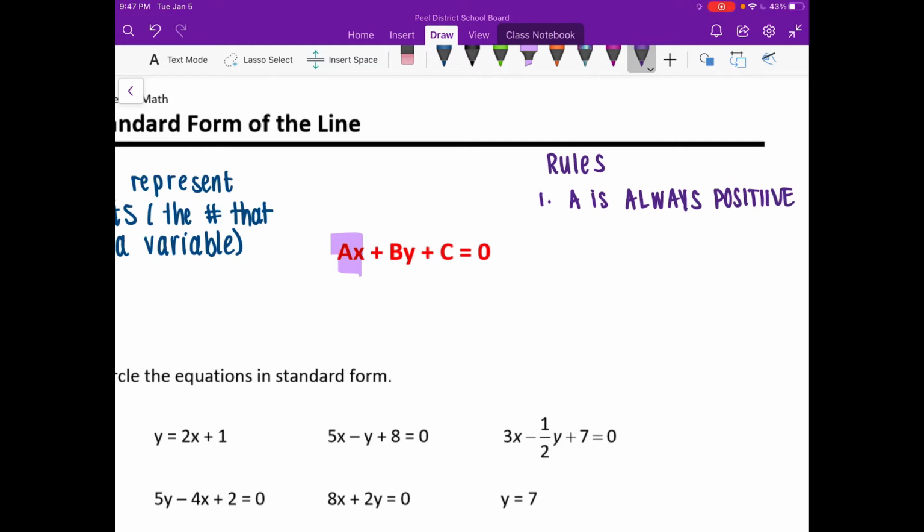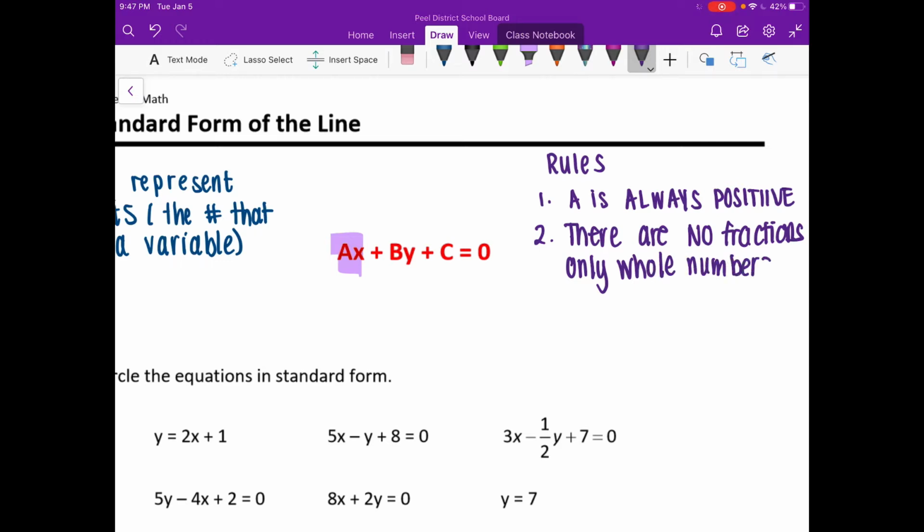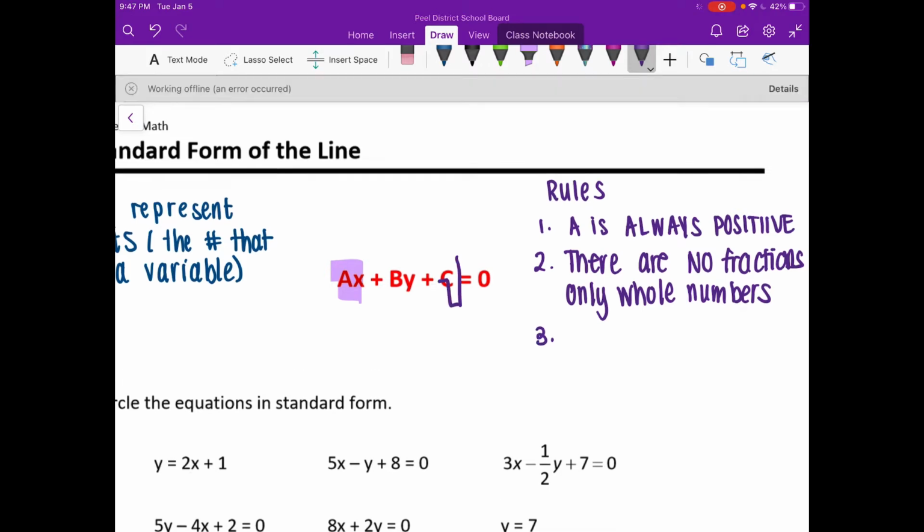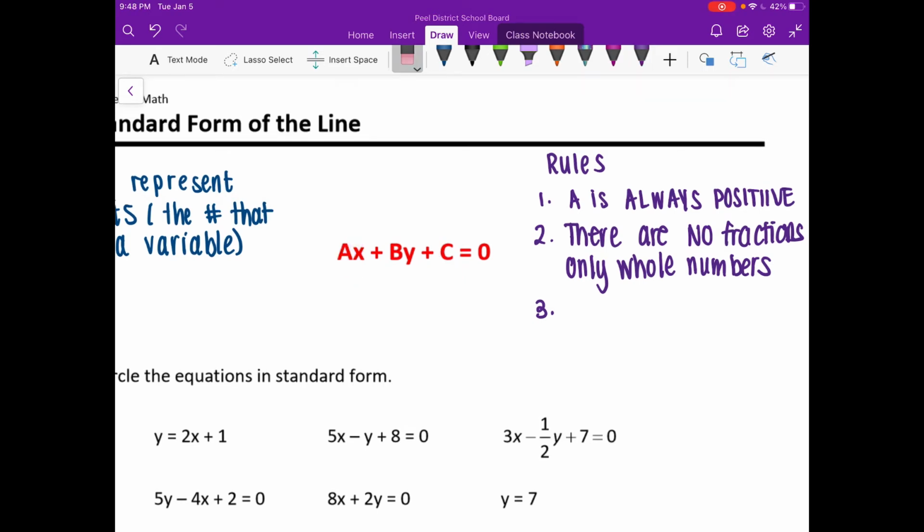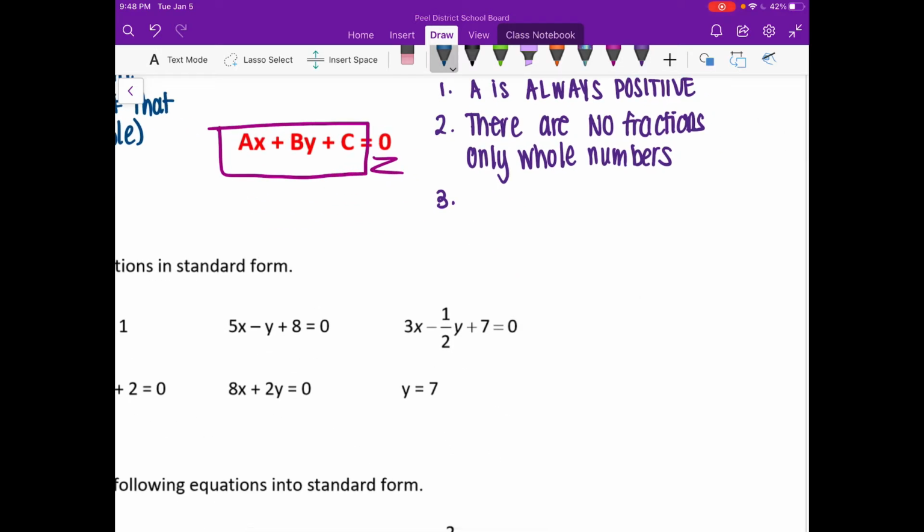There are no fractions, and we'll talk about what to do to get rid of the fractions. Only whole numbers. And all the variables and all the coefficients are on one side, and one side is always equal to 0.